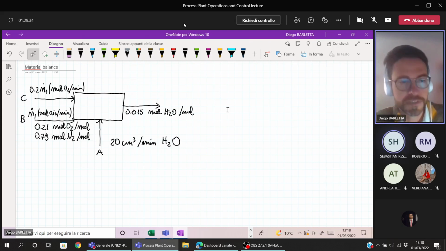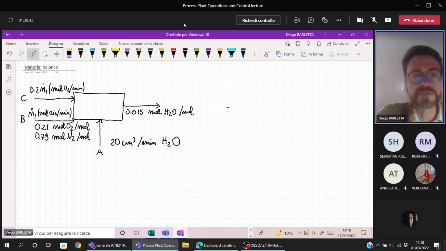If we want to follow the procedure, we report first all the known input data that could be referred to input streams or output streams, but there are additional process variables necessary to have all the information about the streams. We would like to report these as symbols.